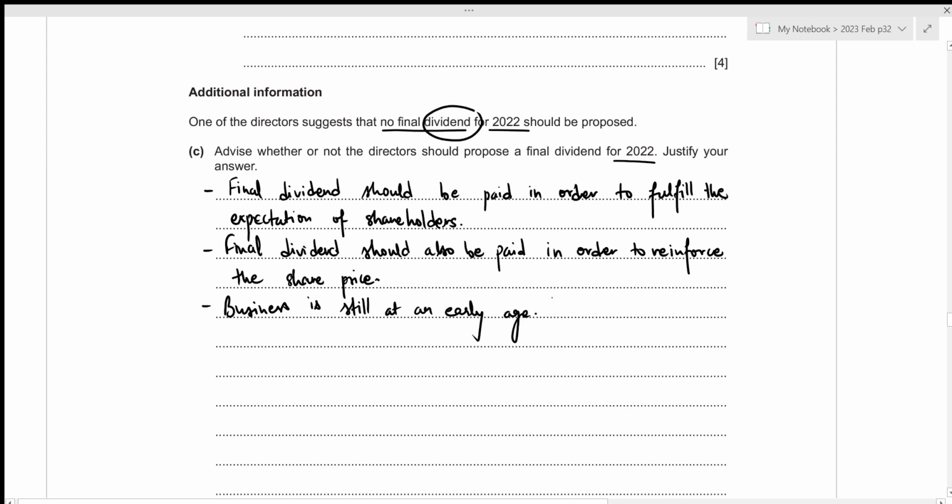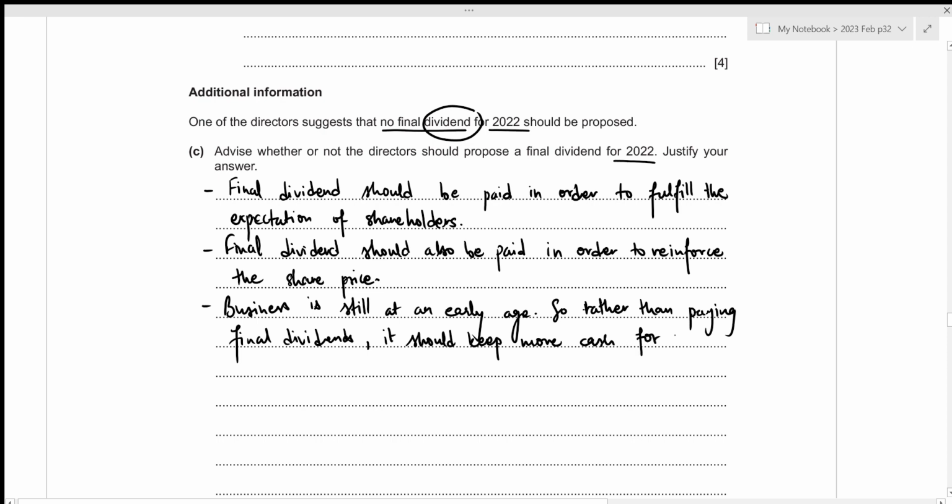So rather than paying final dividends, it should keep more cash in the business for future development.